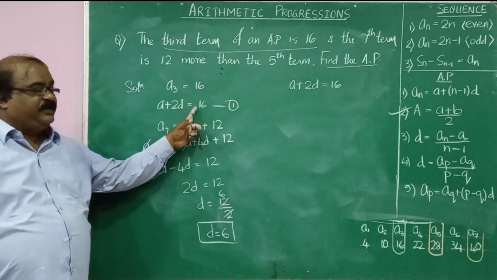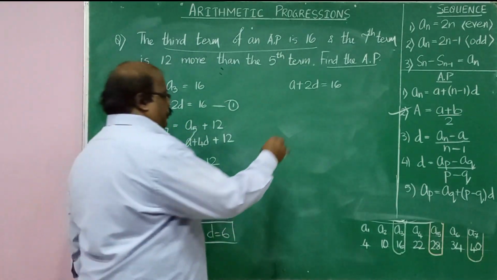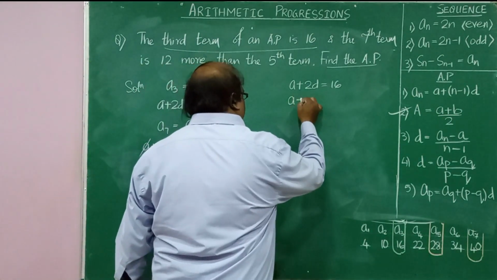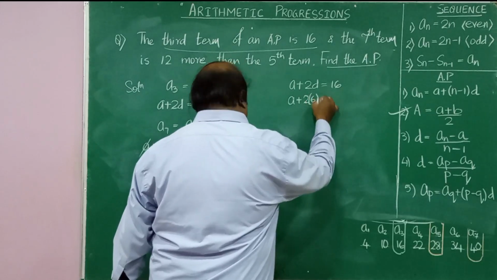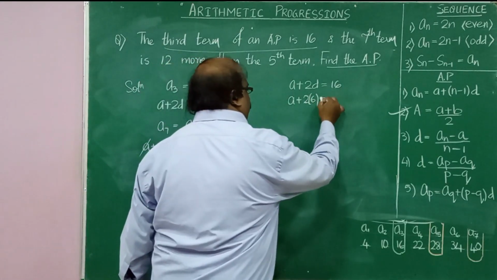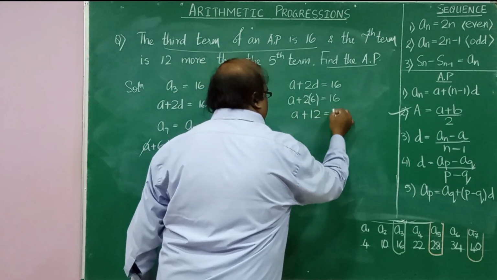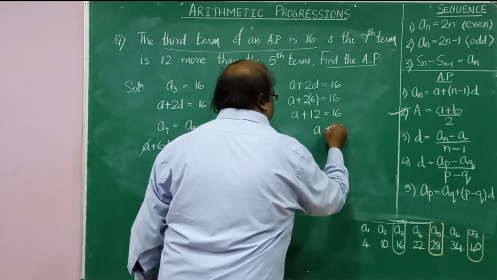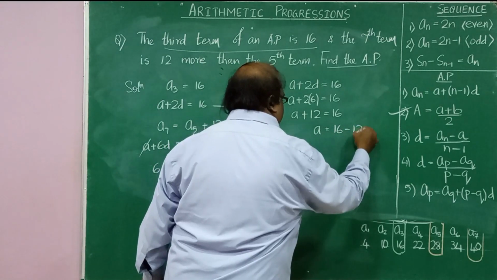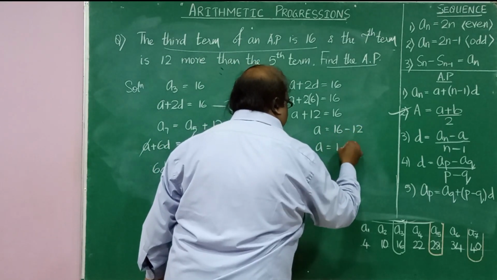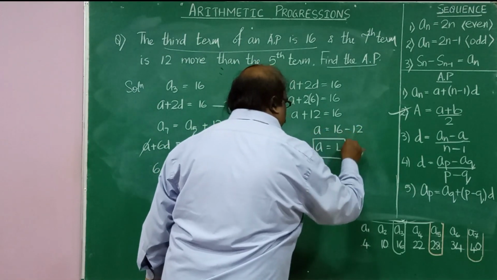I told you the third term is 16. So A plus 2 into 6 is equal to 16. So you get A plus 12 is equal to 16. So what is A? 16 minus 12. So A is equal to 4.